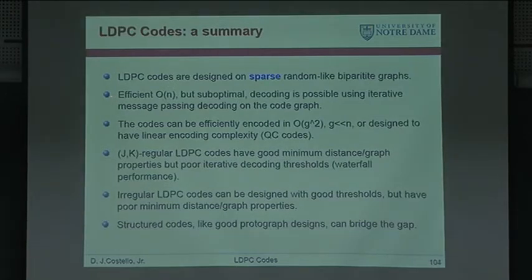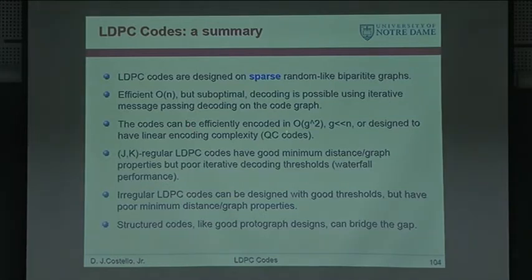So far, and this is actually not the end of the lecture, there's a little bit more. We've got a summary here a little prematurely. LDPC codes are designed on sparse, random-like bipartite graphs. You have efficient order n, but suboptimal decoding using belief propagation, iterative decoding.